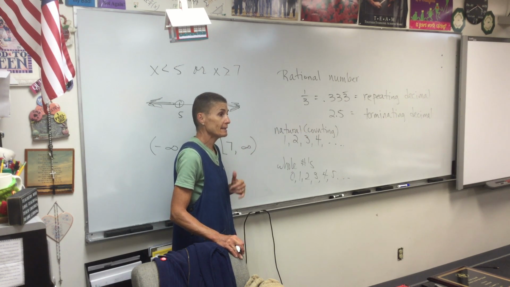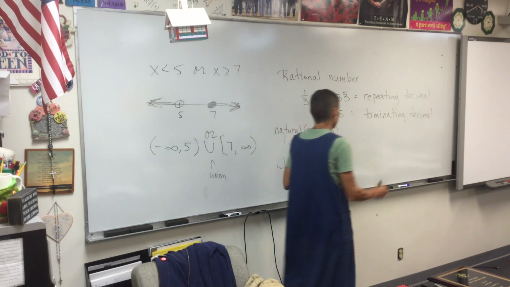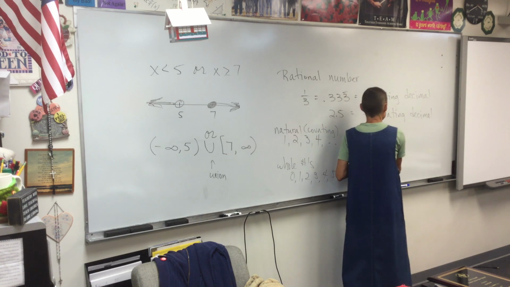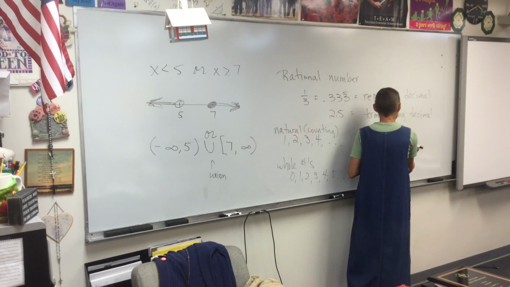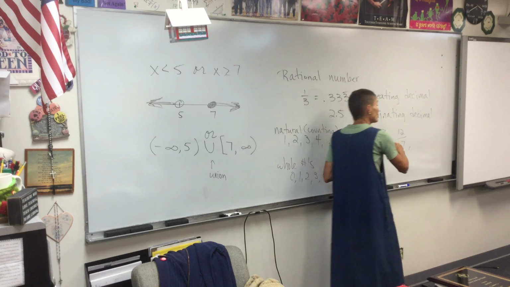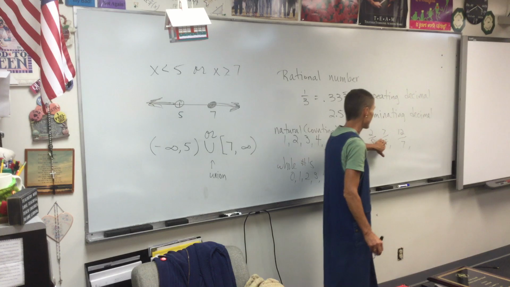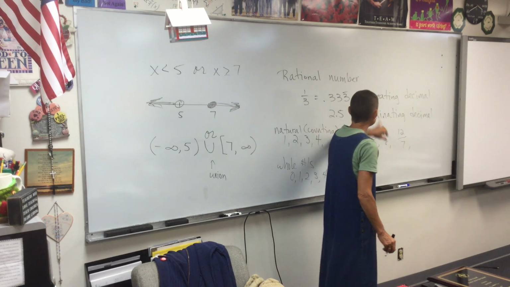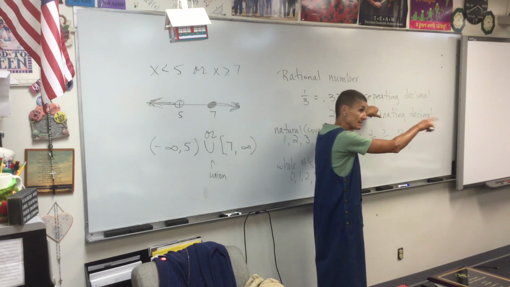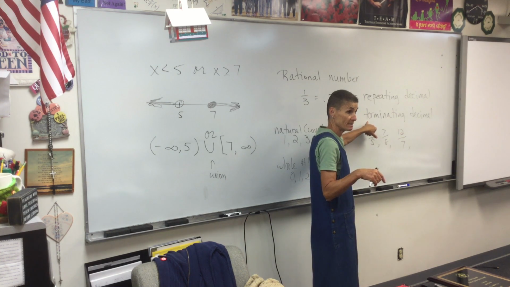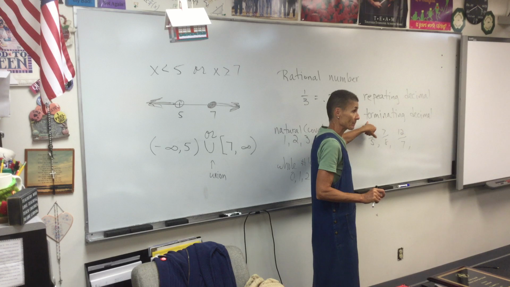If you can write the number as a fraction of 2 integers, in other words, 2/5, 7/8, 12/7, those are all rational numbers. If you typed these into your calculator, you would get either a decimal that repeats or a decimal that terminates. You know what terminates means? Stops.